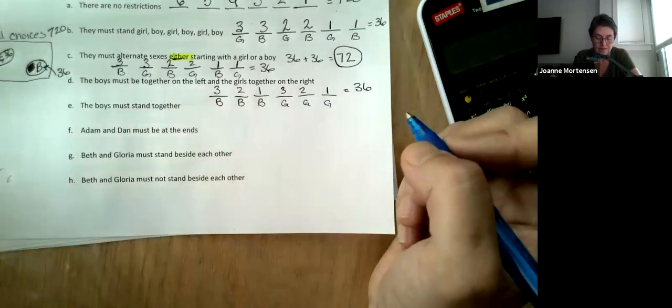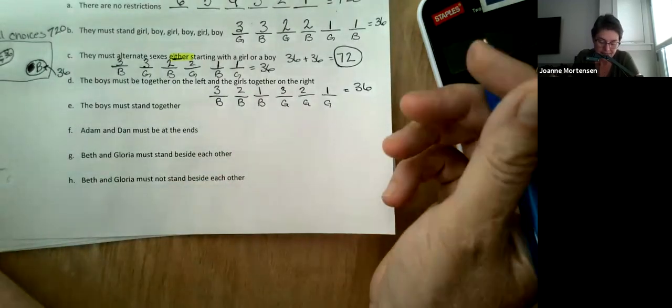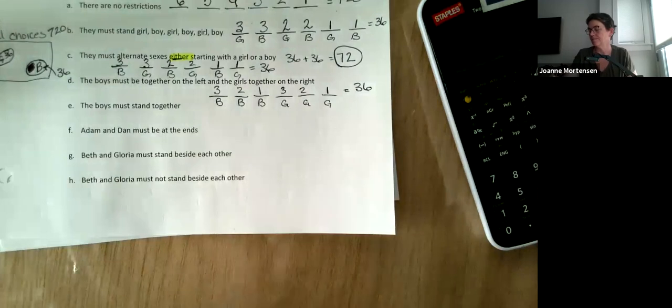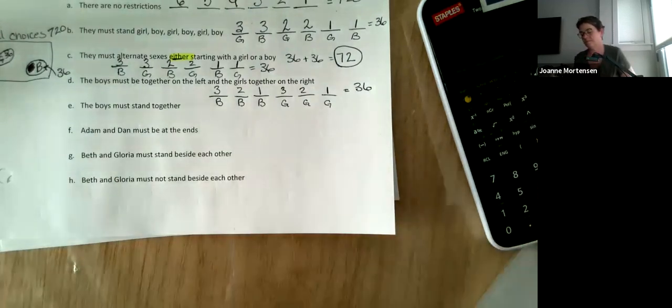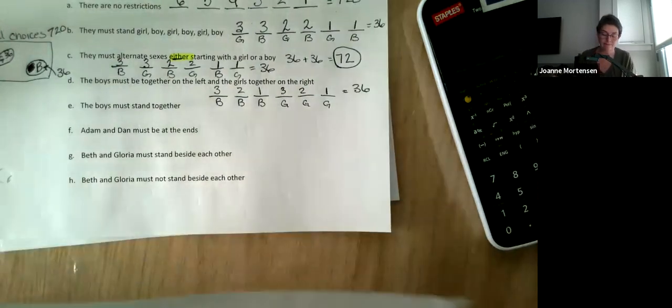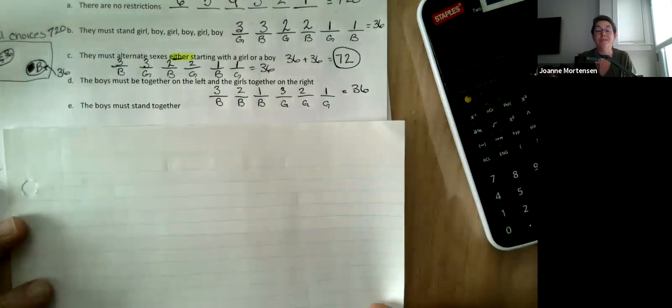Now, the boys must stand together. I'm going to do this on a separate sheet because I'm going to show you 2 ways. Well, I hope I'm going to show you 2 ways.